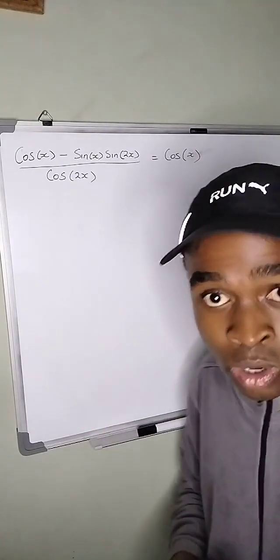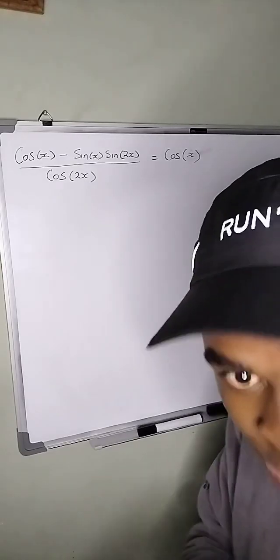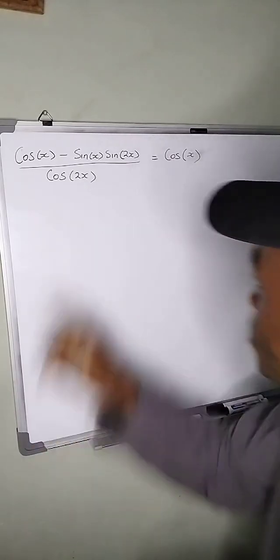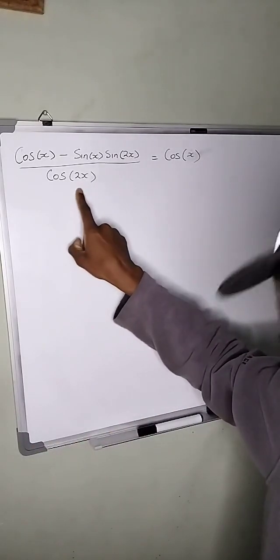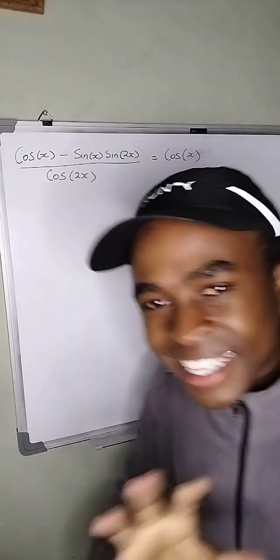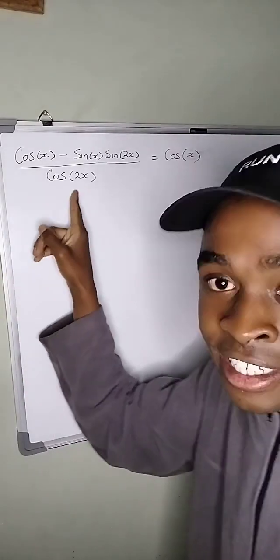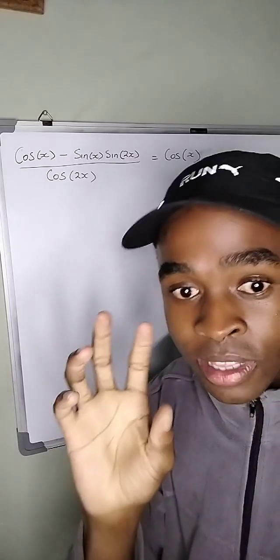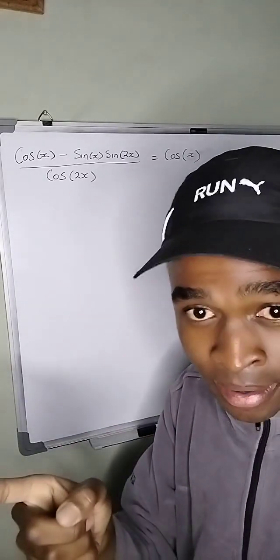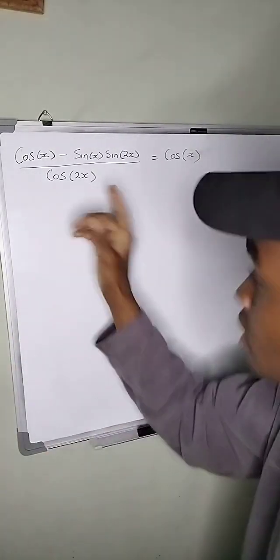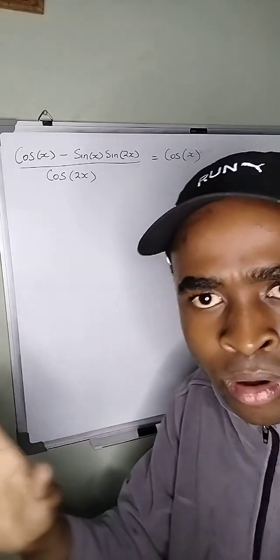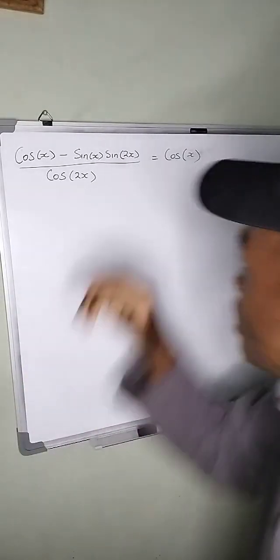So the advice that I'm going to give you guys: you mustn't rush in changing the double angle of the cos. Why am I saying so?